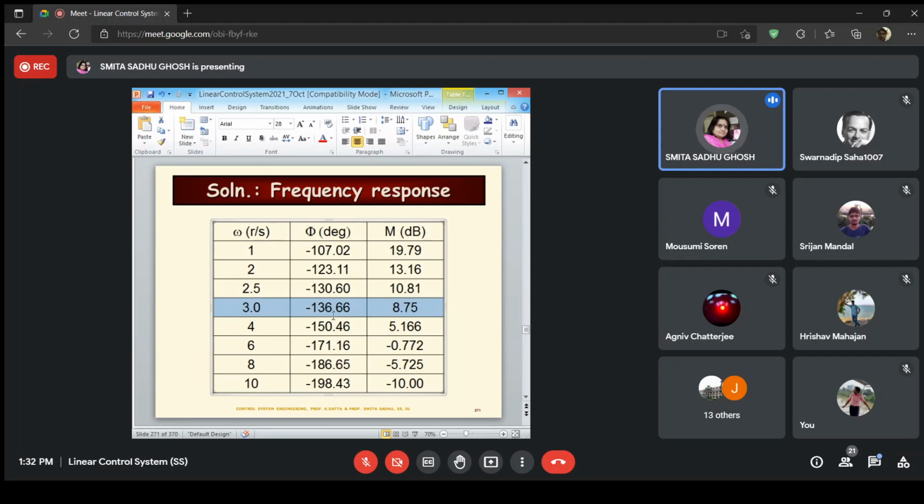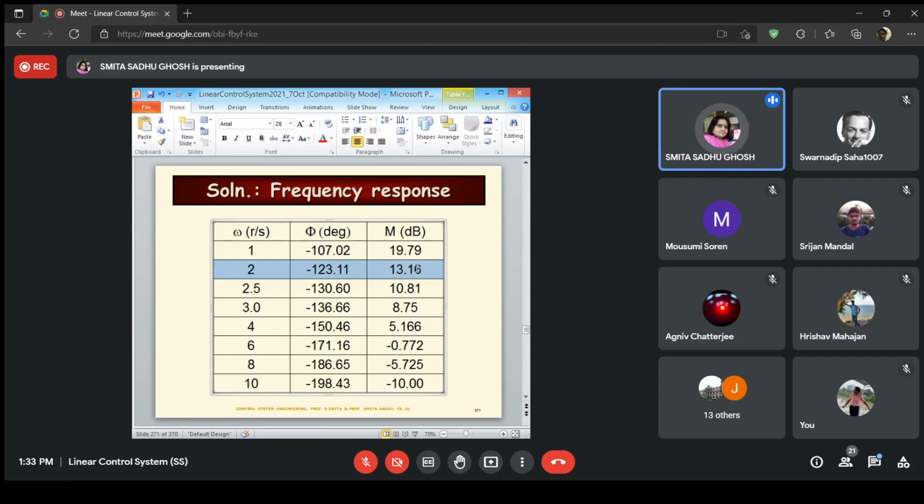With the lag compensator, I'll always get a negative value of phase from my compensator. So adding that to this, I cannot make it minus 135, right? So that is why I have to use a lead compensator at this particular frequency to give me a negative gain crossover frequency, right?